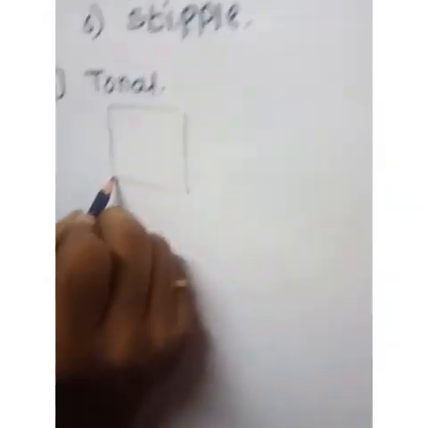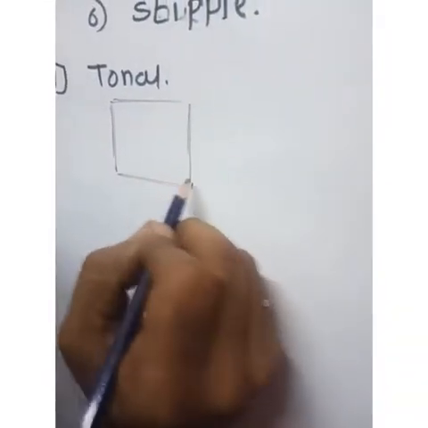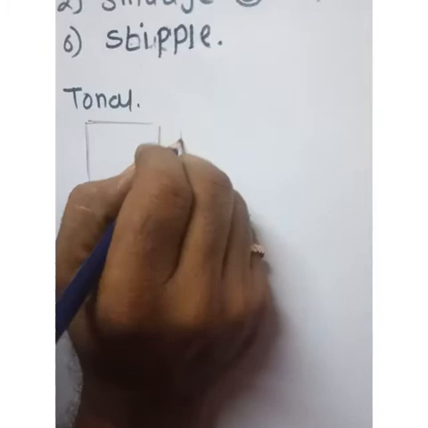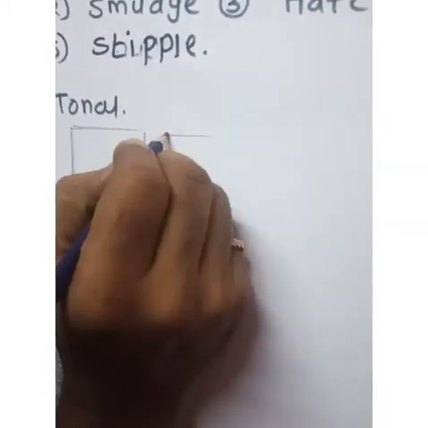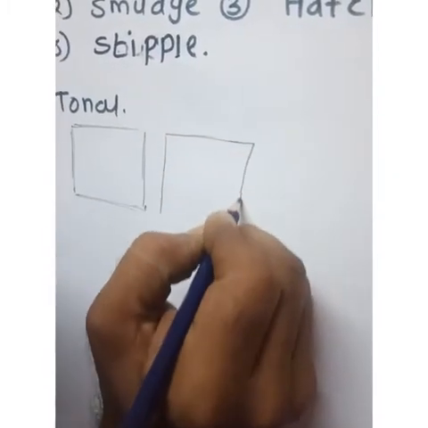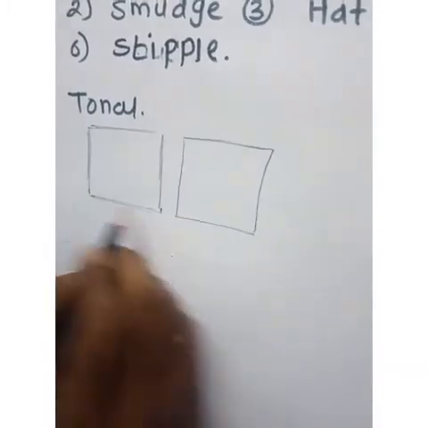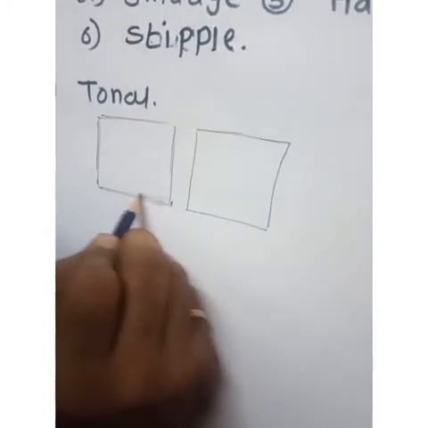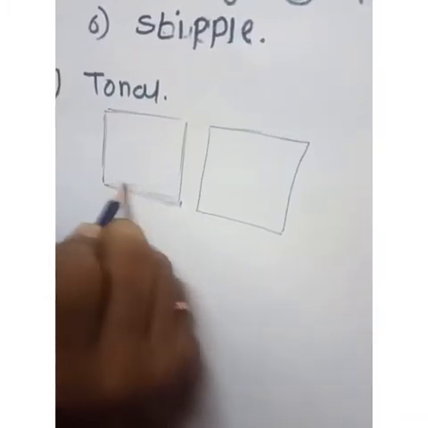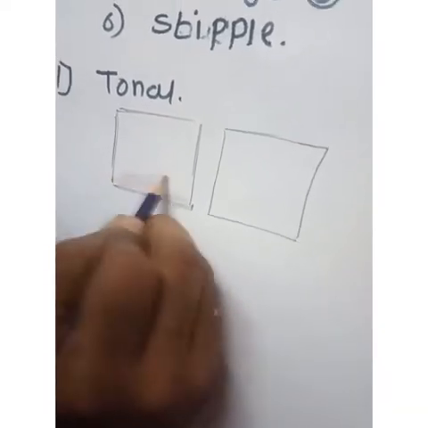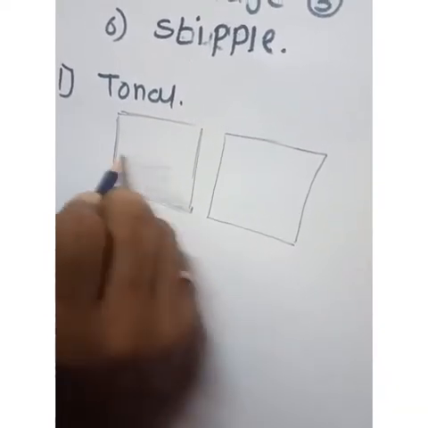In this one, when you are shading, you are going to use one box, you are going to make it light, and a simple shading will be there. This is a simple one, a very light box. We are going to shade this one with the pencil.